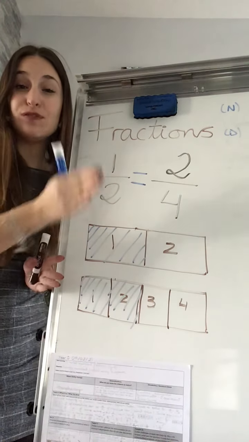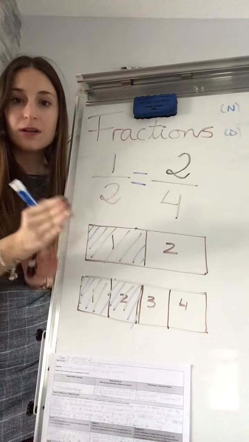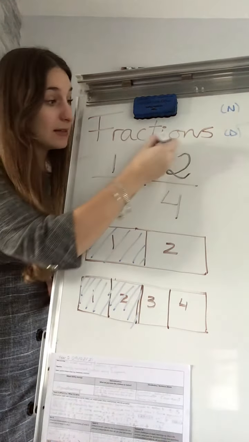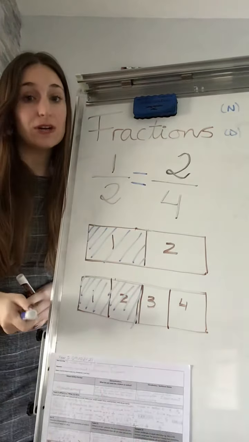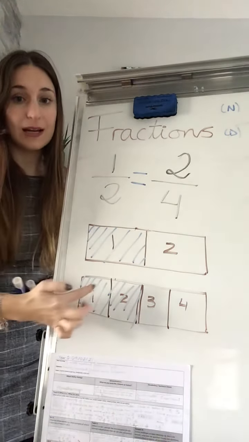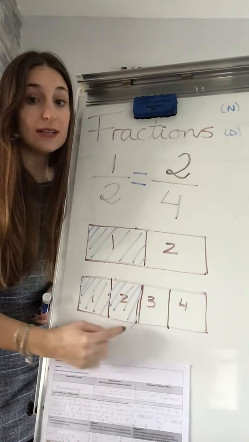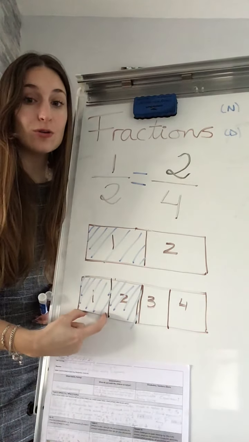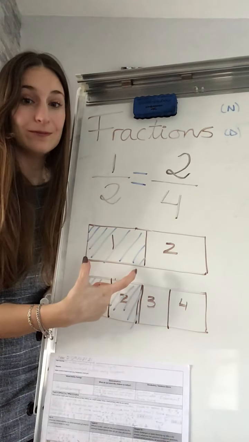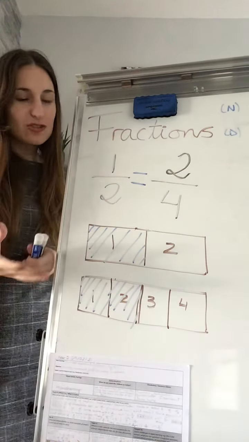But if you cut it into 4, those slices are going to become smaller. So it doesn't matter how many you eat, because as they are smaller, those 2 are the same. Can you see it? It doesn't matter that you're eating 2 in here, because those 2 are smaller than 1. Can you see that? A little bit tricky.